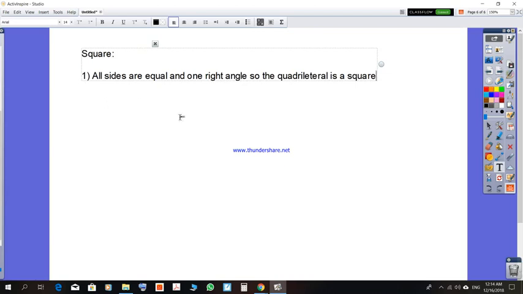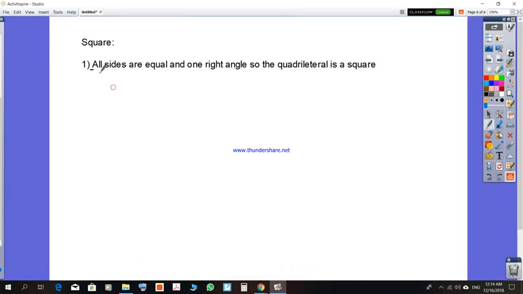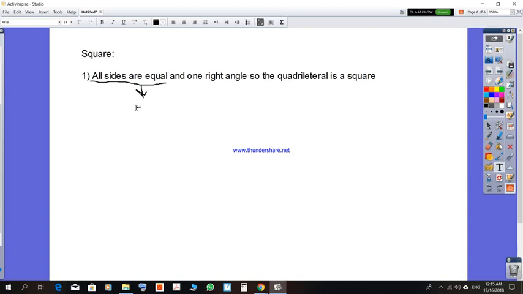Okay, with respect to this part, if you notice that all sides are equal, this is for a rhombus. If I prove that this case is for a rhombus, and then I say that the quadrilateral has one right angle, it becomes a square.